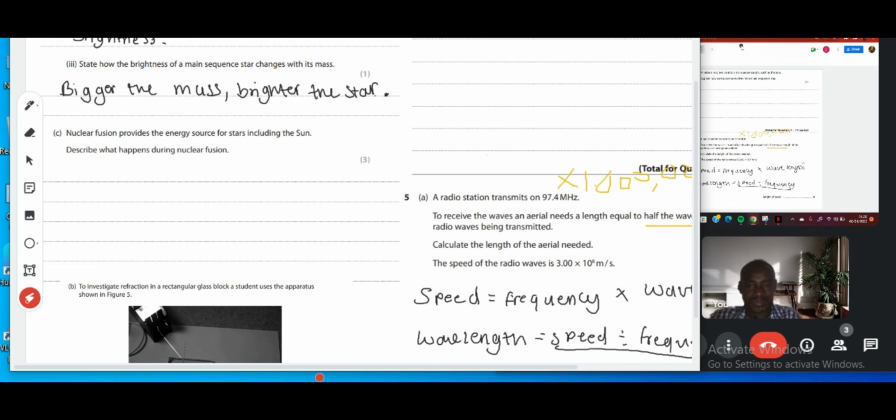Yes. To form, yes, hydrogen atoms were basically nuclei joined together to form helium, and at the same time releasing heat, a tremendous amount of energy. You can write it down, that's correct here.